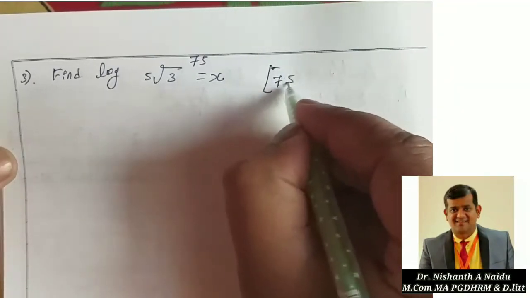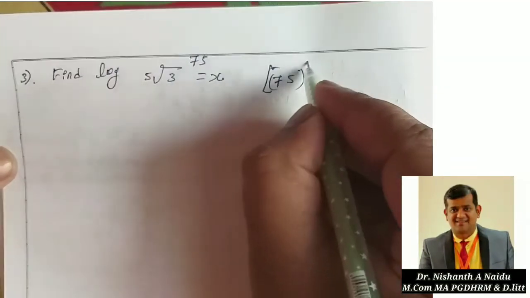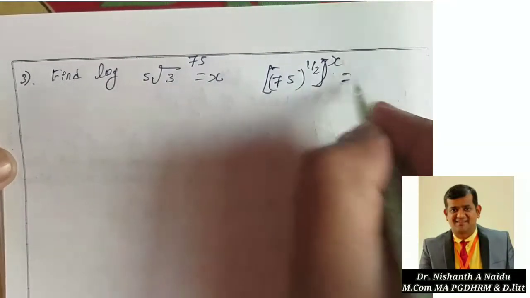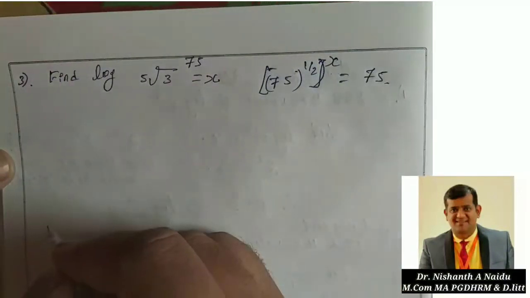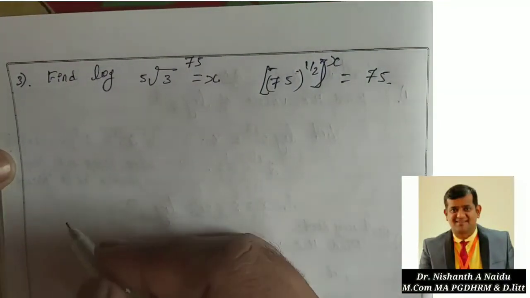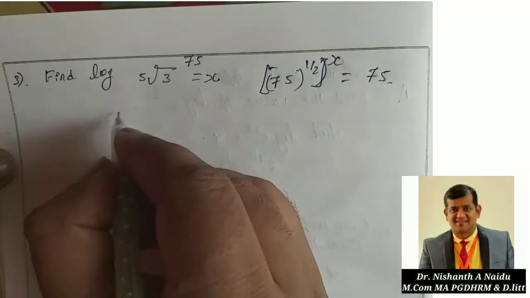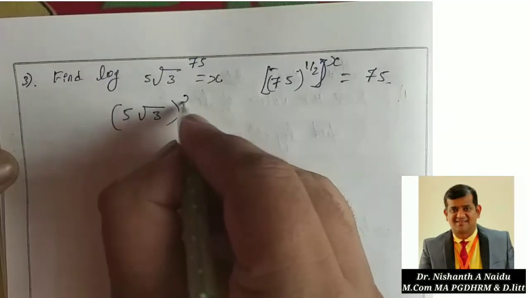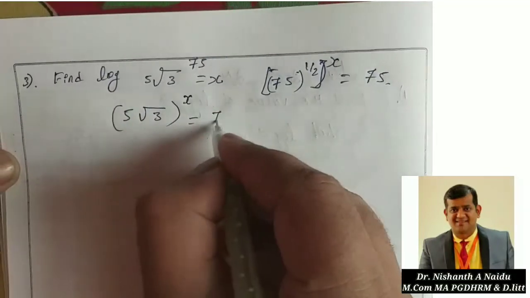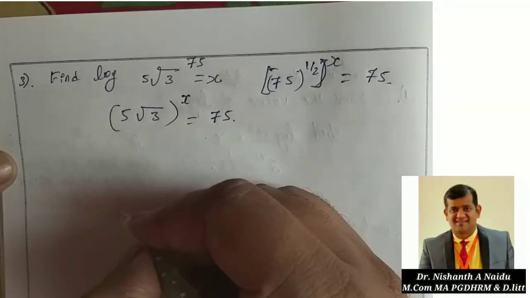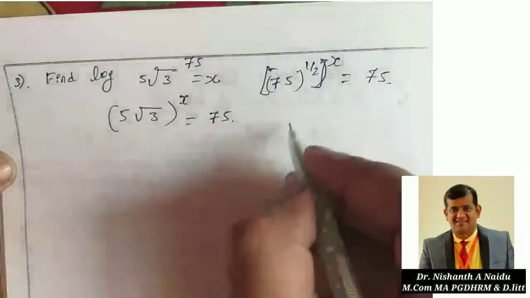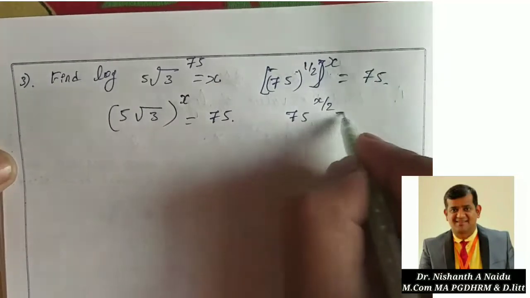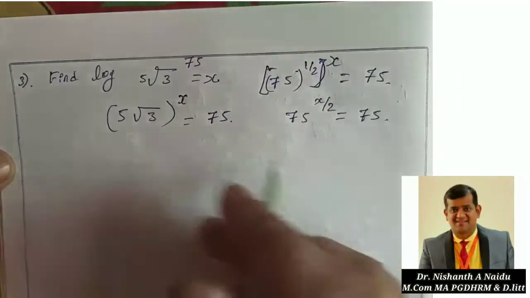So 5 root 3 whole power x equals 75. Okay, so here if I convert this 75, x ones are x divided by 2 equals 75.